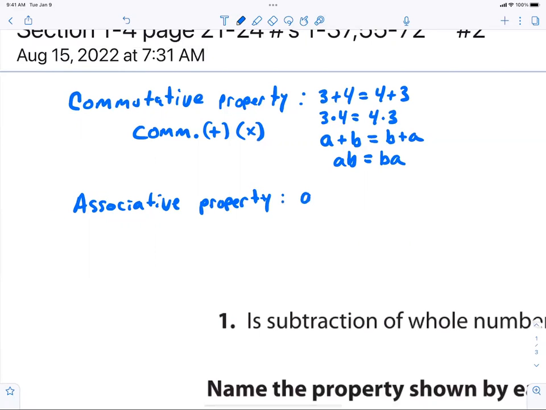That means that if you take A plus B and add it together, and then you add C, that's the same as if you add A to B plus C. So the associative property has to do with grouping.